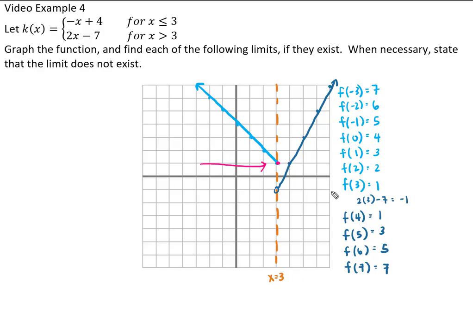But the limit of the dark blue graph as I'm approaching 3 is negative 1. And it depends on which side you're coming from. If you're coming from the left side or if you're coming from the right side. So our answer might be different approaching from the left as approaching from the right. Let's go see what that looks like when we do it algebraically.